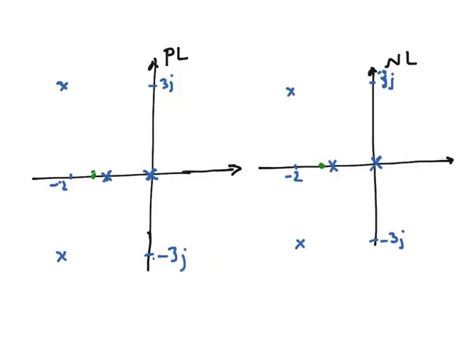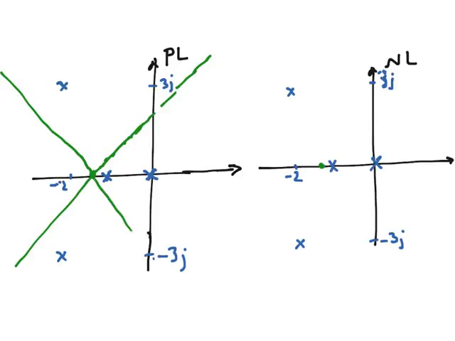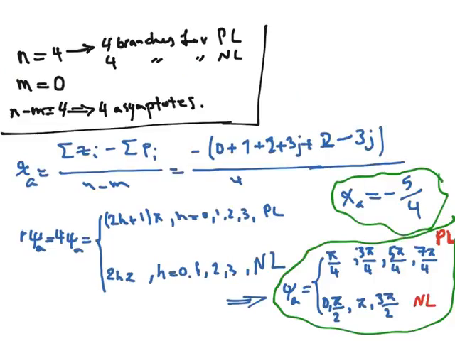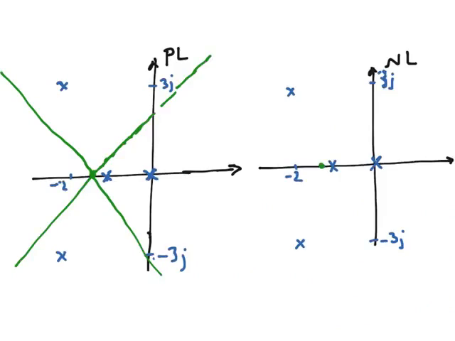So from here we will have one asymptote with the angle of pi over 4, the other one 3 pi over 4, 5 pi over 4, and 7 pi over 4. In the case of negative locus, the angles are equal to 0, pi over 2, pi, and 3 pi over 2. So here we will have these asymptotes.